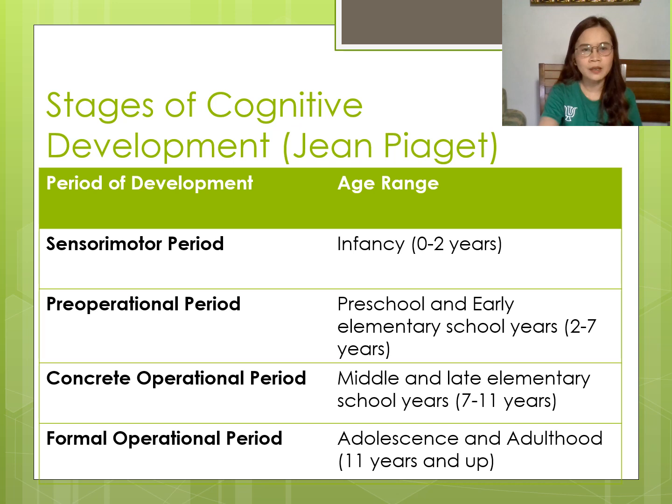Okay, so here are the 4 stages of cognitive development according to John Piaget. Si John Piaget isa nga palang Frances, no? He is a French psychologist, neurologist, no? And he experimented on his 3 children. 3 babae yon na pinag-eksperimentohan niya para mag-come up siya ng ganitong klaseng theory.